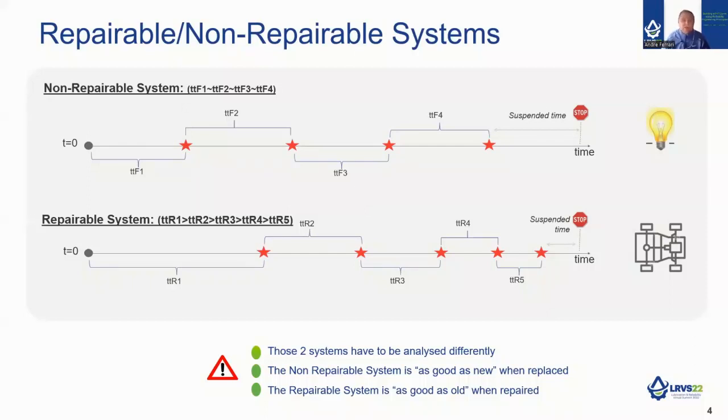Non-repairable systems are shown above here in the first section. Like a light bulb mentioned earlier, non-repairable, when failed, are replaced by a brand new light bulb, implying that the life of the component will be the same as the life of the previous light bulb, if you want.